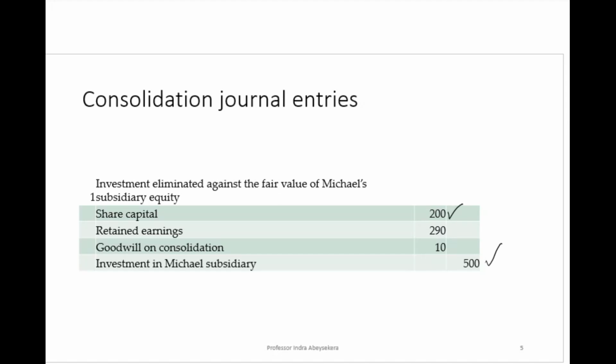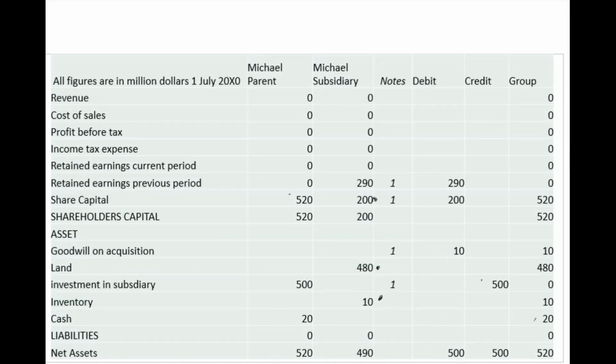Share capital at that date was 200 million and retained earnings at that date was 290 million. So there was investment more than the shareholders' equity. That is for a collection of assets that's not identifiable separately, and that's the goodwill on consolidation.